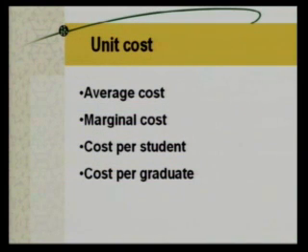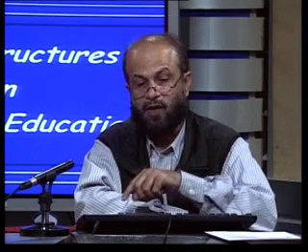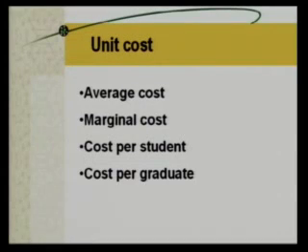And the cost per graduate would be when the students complete their education, get their degree, and go out of the university, and how much money we have spent per student. These two calculations would have different intentions and serve different kinds of decision making. So unit cost would depend on average and marginal cost, or it could be cost per student or cost per graduate. So we have seen the average and marginal costs earlier.